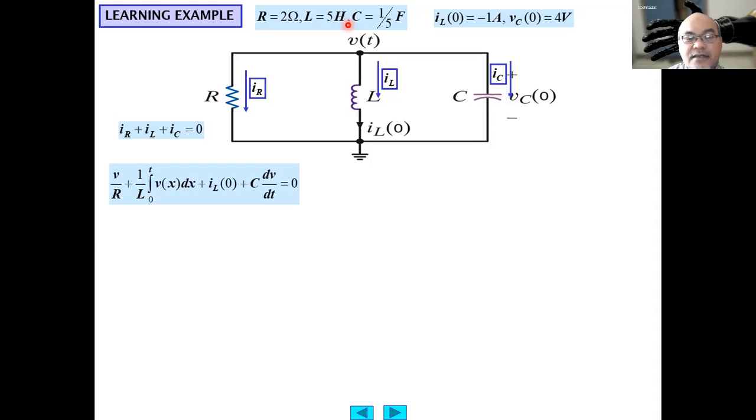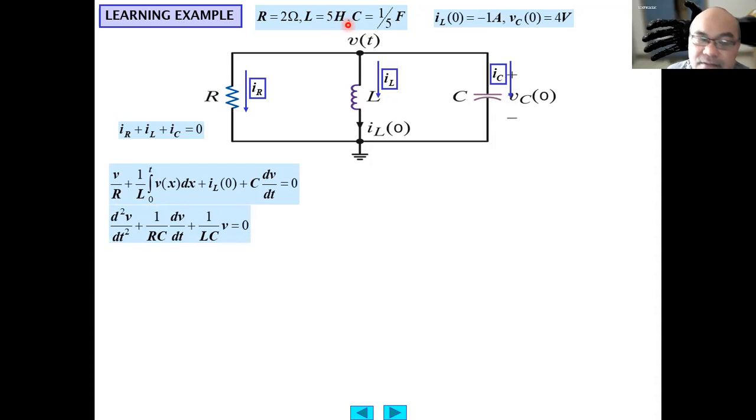We differentiate again, so dV/dt times 1 over R plus 1 over L V plus C d squared V over dt squared.